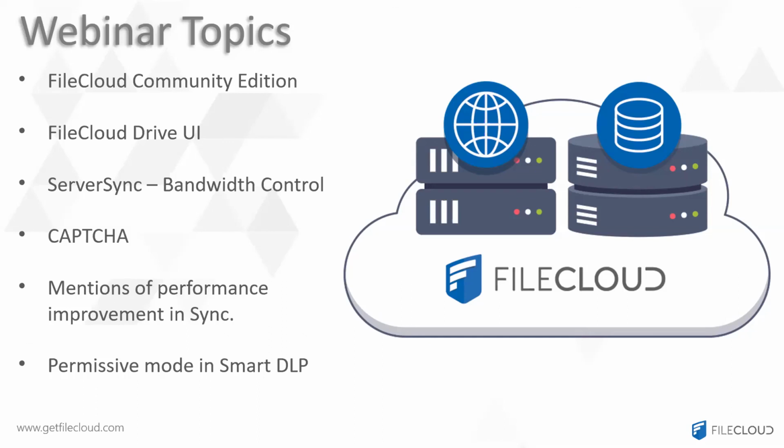And also this is very important for small to medium-sized businesses, because if you are running, let's say, your FileCloud server on AWS or in Azure, you can use a T2 in the case of AWS, or the small one on Azure, the small machines, and you can still run FileCloud very efficiently.